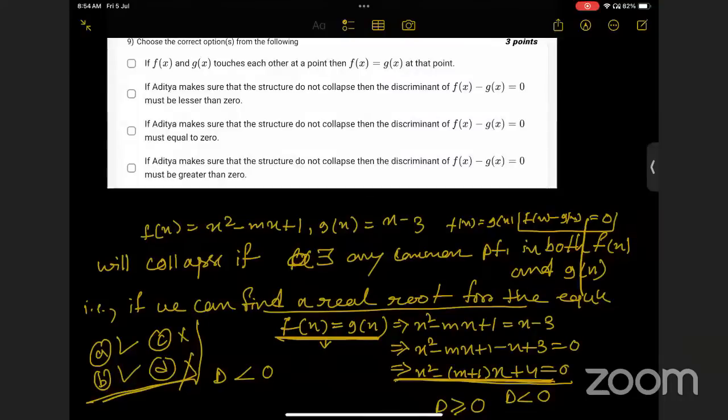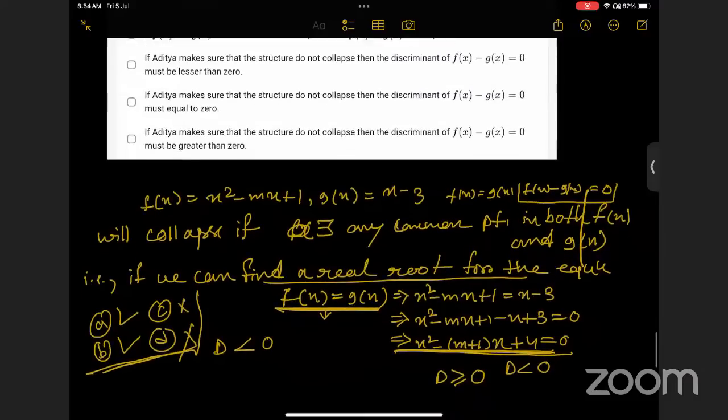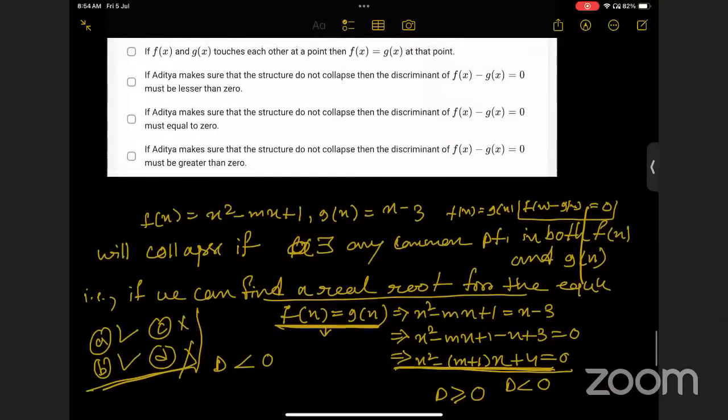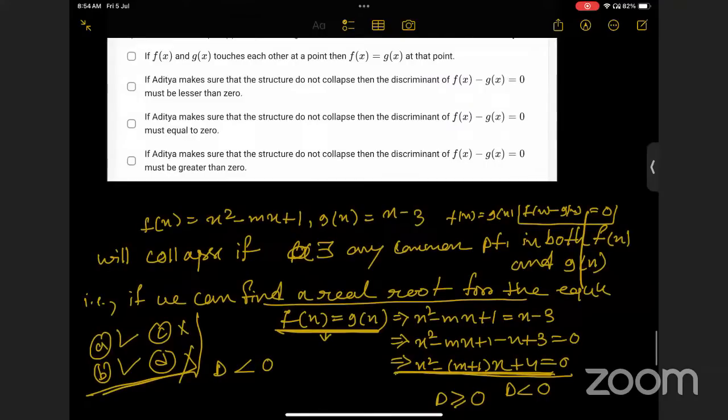Ma'am, if it is less than 0, then it is negative, like it becomes a complex number, right? Yes, so no real root. The points of intersection are the zeros of f(x) minus g(x) equals 0.